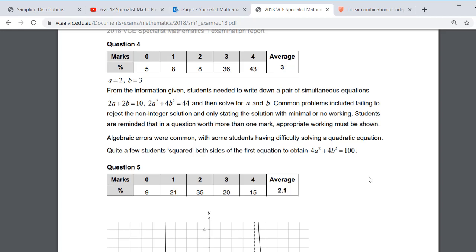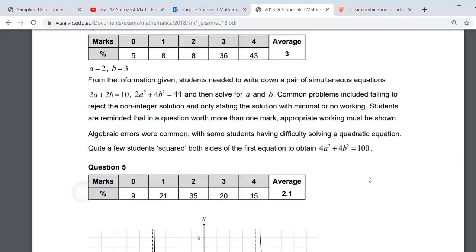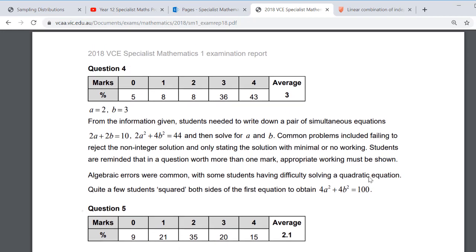So the route that I was going down would have got there eventually, but the whole point that a and b are integers really means that you could have subbed in 1 and 4. Does it work? No. You could have subbed in 0 and 5. You could have subbed in 2 and 3, and vice versa, 3 and 2. So as you can see, the question was done very well.